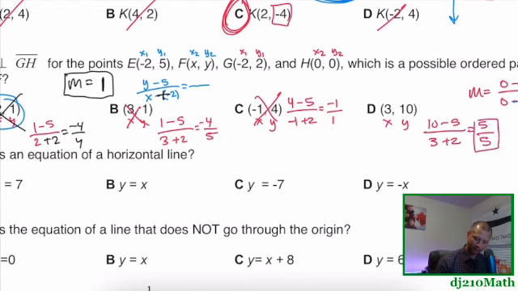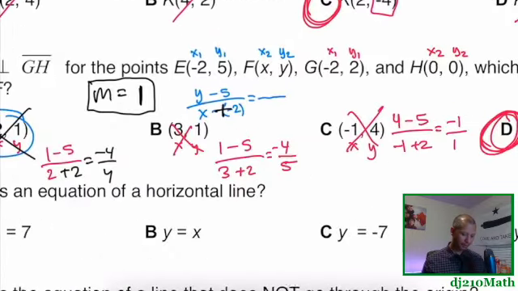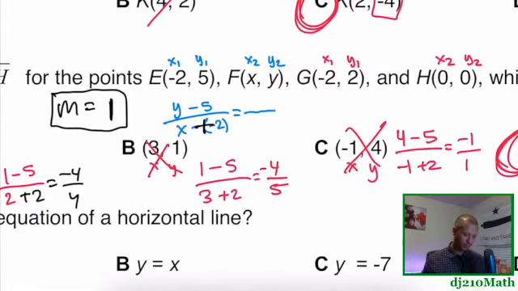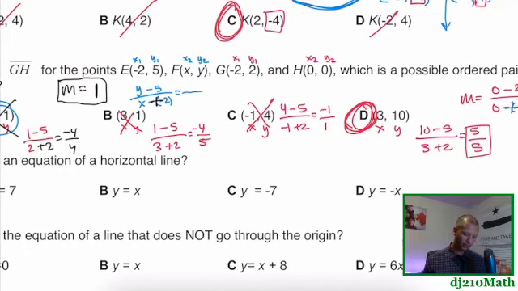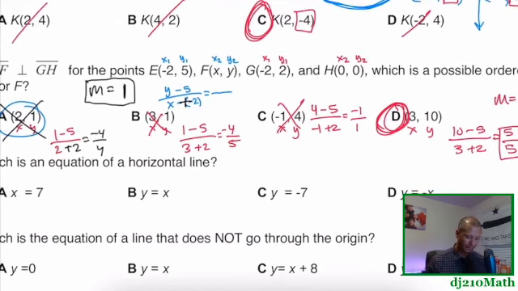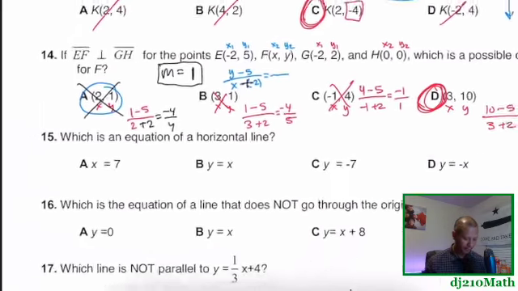So this is positive 1. This is it. That was kind of scary. Hopefully you can follow that logic, right? If we know that a slope needs to be opposite reciprocals, it's kind of like testing it. I'm going to have to go back and watch that one a couple times.